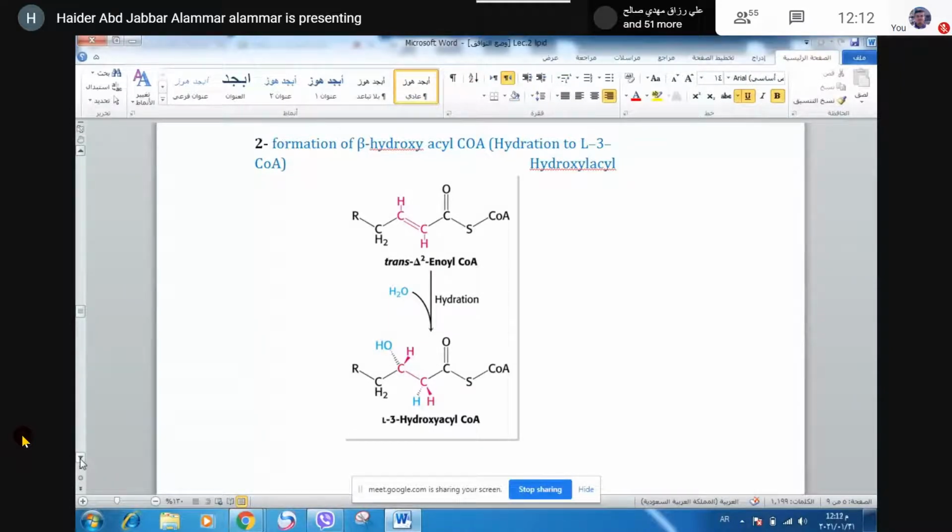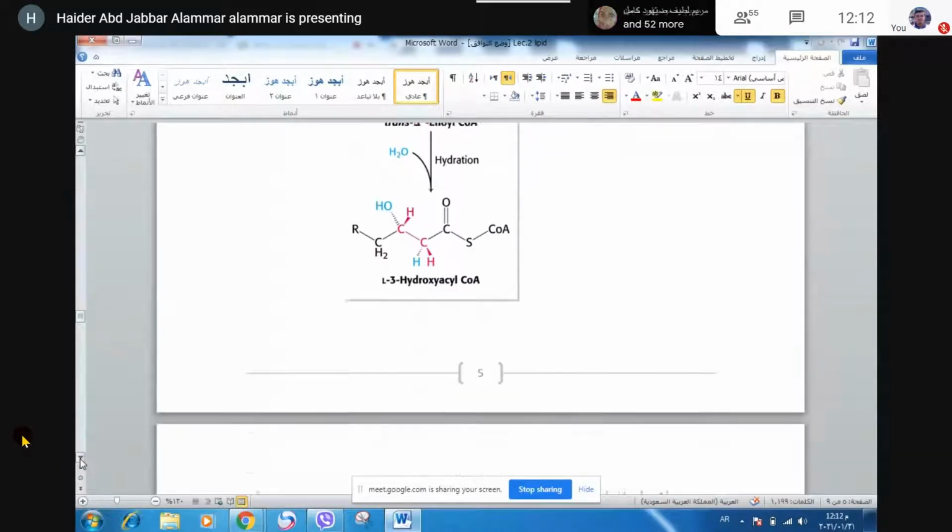In the second step, the trans delta 2 enoyl coenzyme A, in the presence of water, by the action of an enzyme called hydratase, will break down the double bond and insert a hydroxyl group on the third carbon atom, so-called beta hydroxy or L-3 hydroxyacyl coenzyme A. As easy as that. This is regarding step 2.